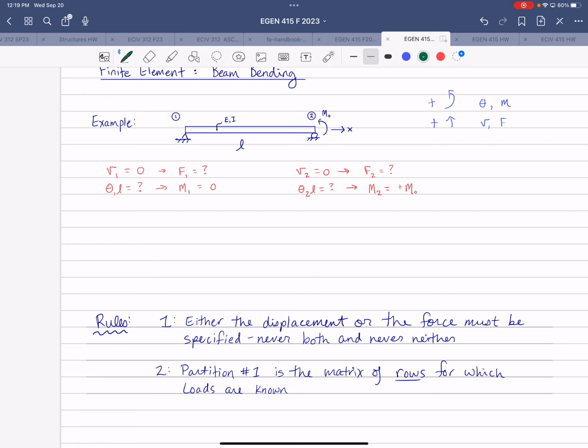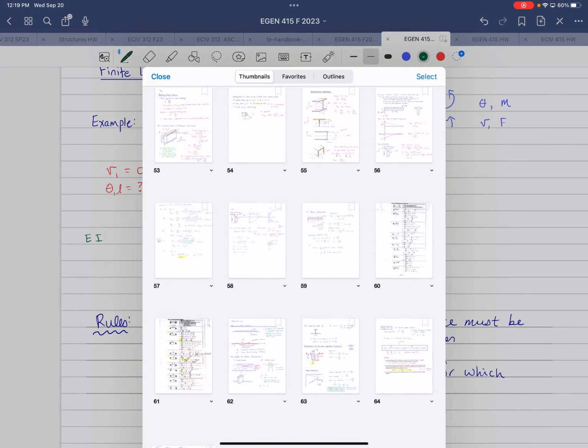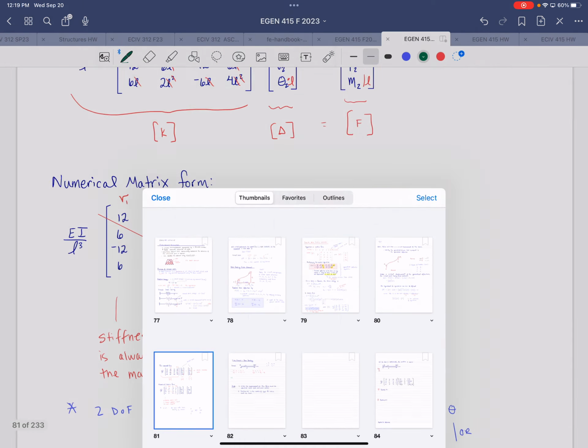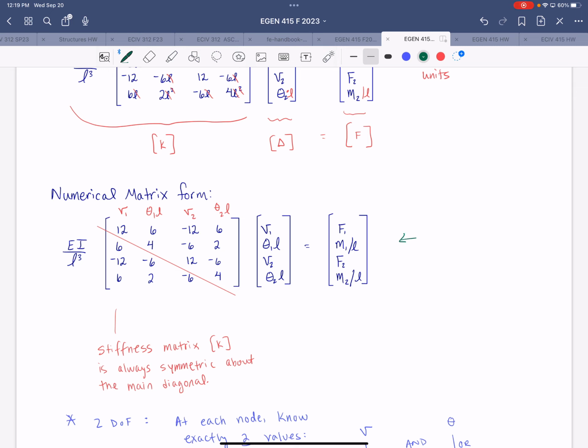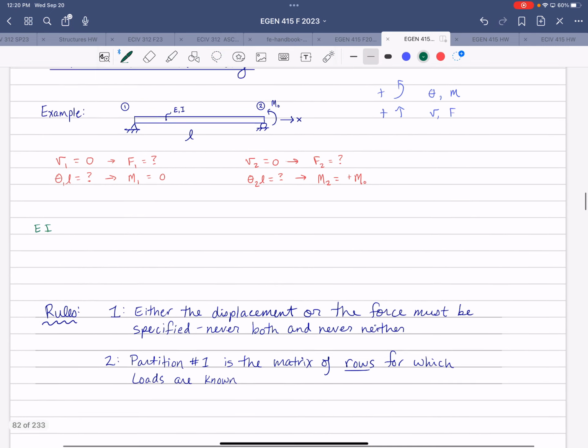All right, so now to begin the solution, we are going to essentially just start with this equation right here. I'm going to make a note here that this is your starting point for a given beam element. So if you want, you can just copy and paste that here.